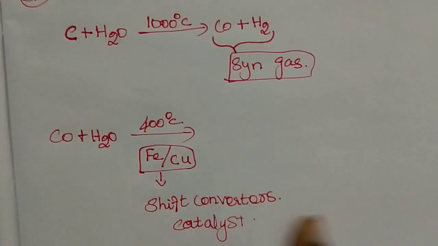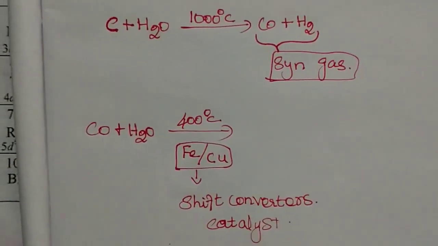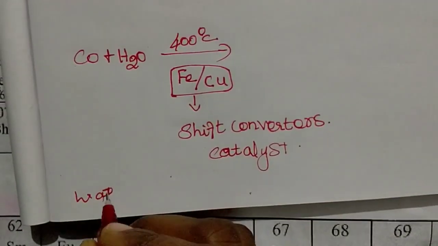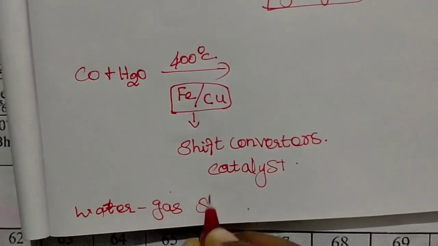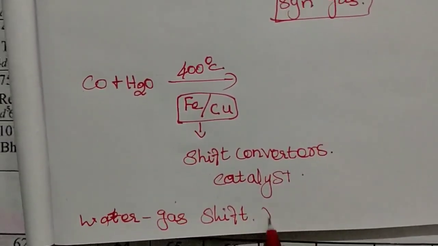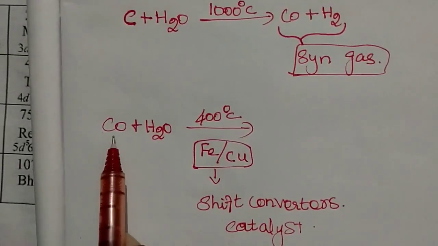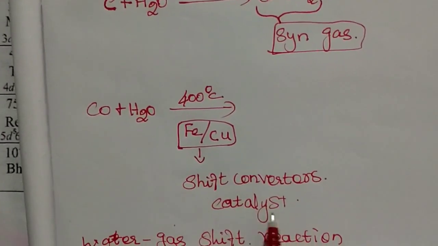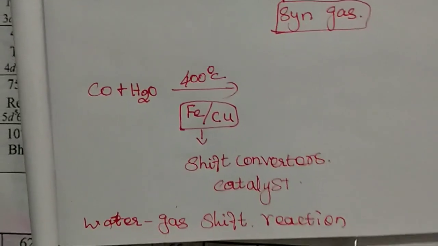This reaction is generally known as the water gas shift reaction. It's important, because in this reaction we convert carbon monoxide into carbon dioxide with the shift catalyst. That's why it's known as the water gas shift reaction.